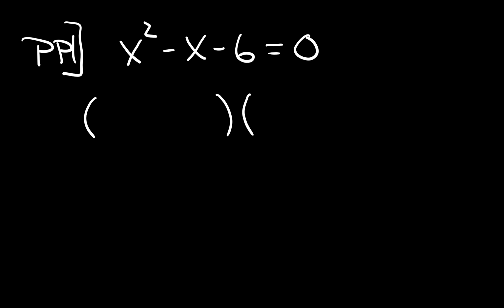I can set up the parentheses and fill it in. If I do that, then what do I know? I know that x goes here and x goes here. I'm going to copy down this sign, whatever's in between the first and second term, and put it here. And then based on what the sign is for the constant will help me decide what sign goes here.